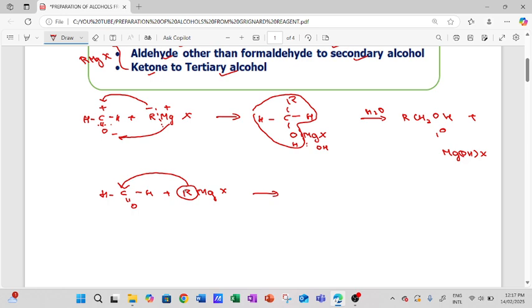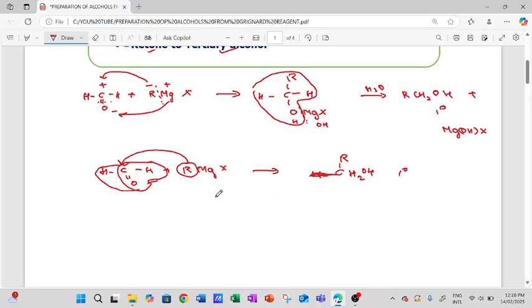It is R, the remaining valency of this carbon is H, and the CHO changes into CH2OH. Since it is formaldehyde, if you write CH2OH the valency won't be correct, so the whole group HCHO becomes RCH2OH directly. That is primary alcohol. So formaldehyde changes into primary alcohol.